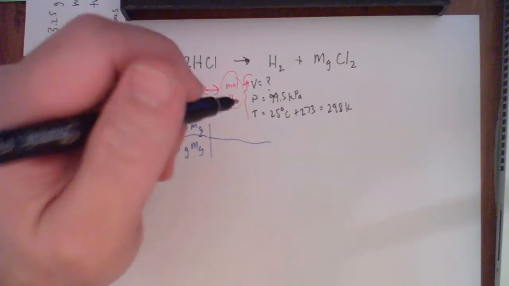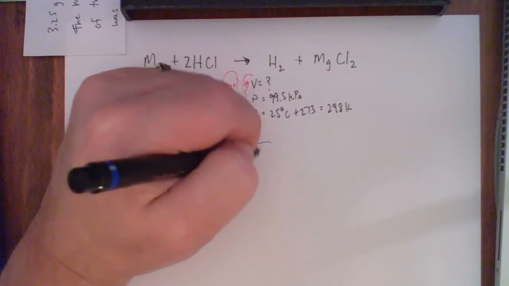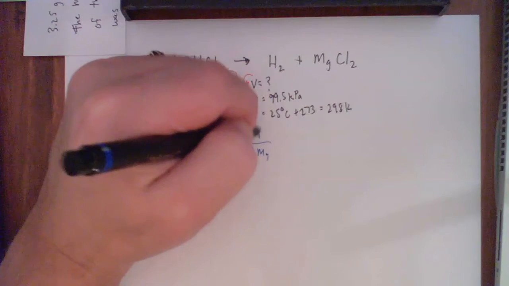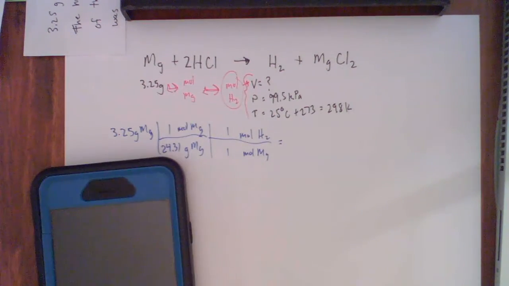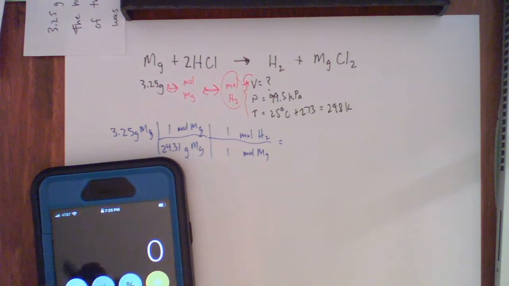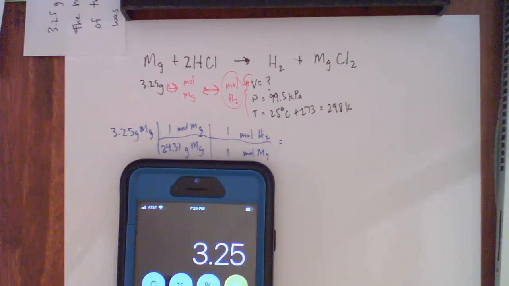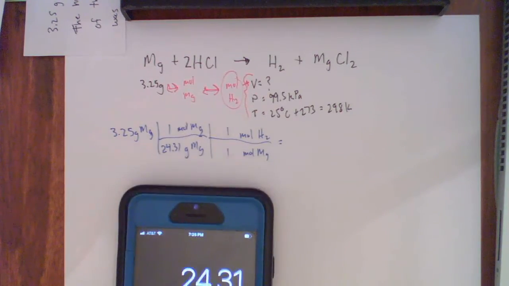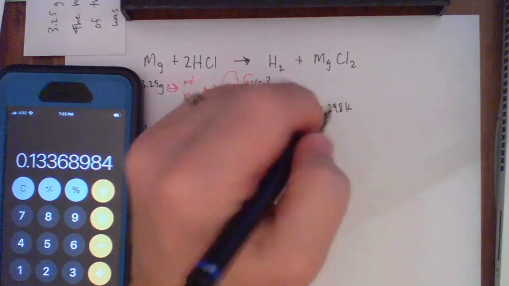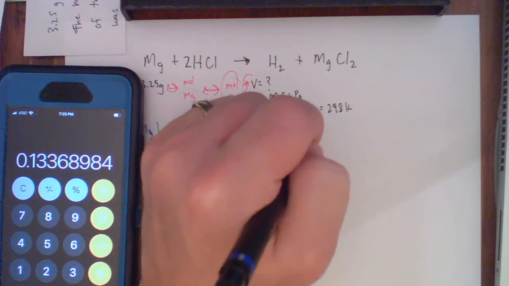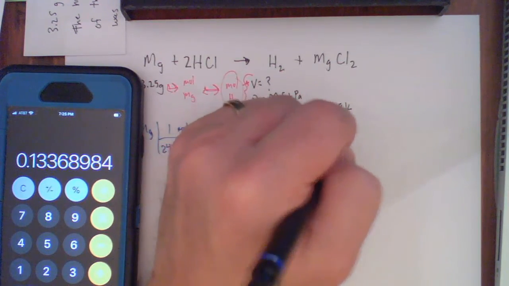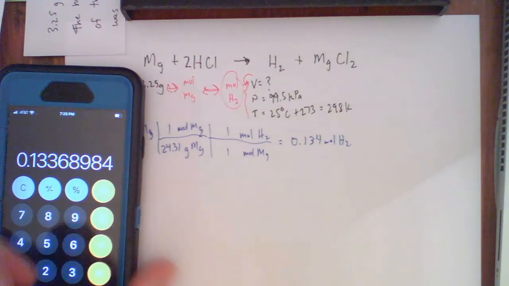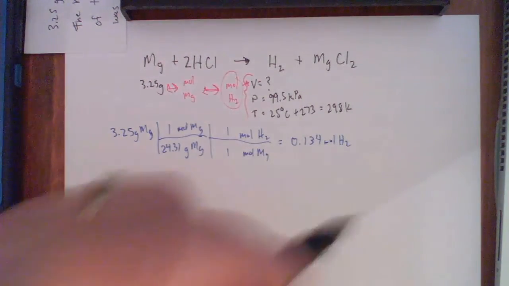So now we do our moles of magnesium to moles of hydrogen. It's a 1-to-1 ratio. We're going to stop there because we just need the moles. So let's go ahead and figure this out. So 3.25 divided by 24.31 equals 0.134 moles of H2.